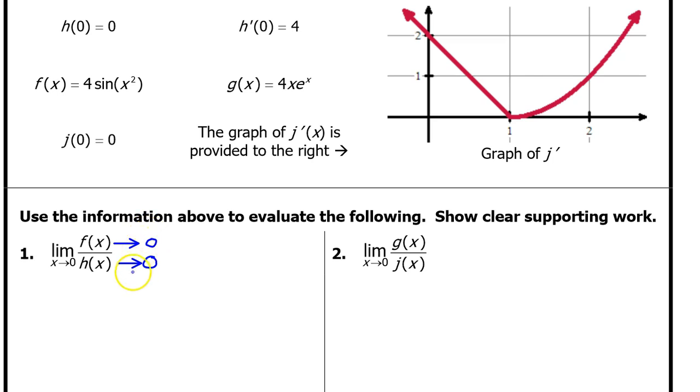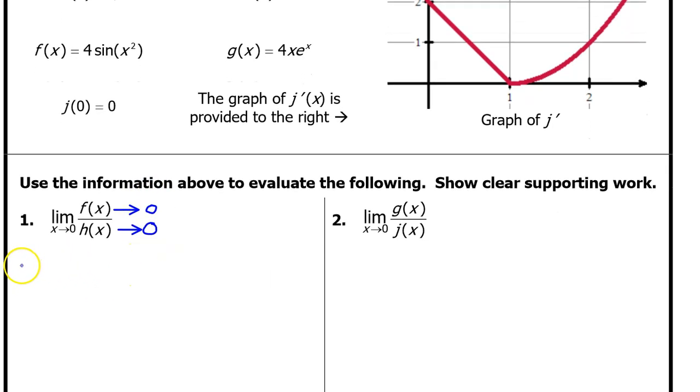Since the numerator and denominator are both approaching 0, we can use L'Hopital's rule, which says we can take the derivative of the numerator and the denominator without changing the limit. In other words, the original limit will equal the limit as x approaches 0 of f prime over h prime.